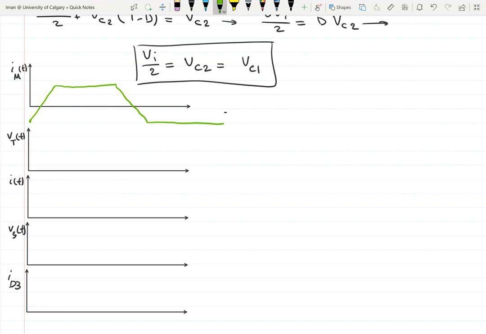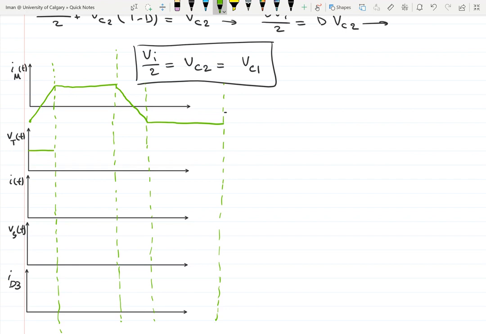And so the transformer voltage here would be 0.5 VI.